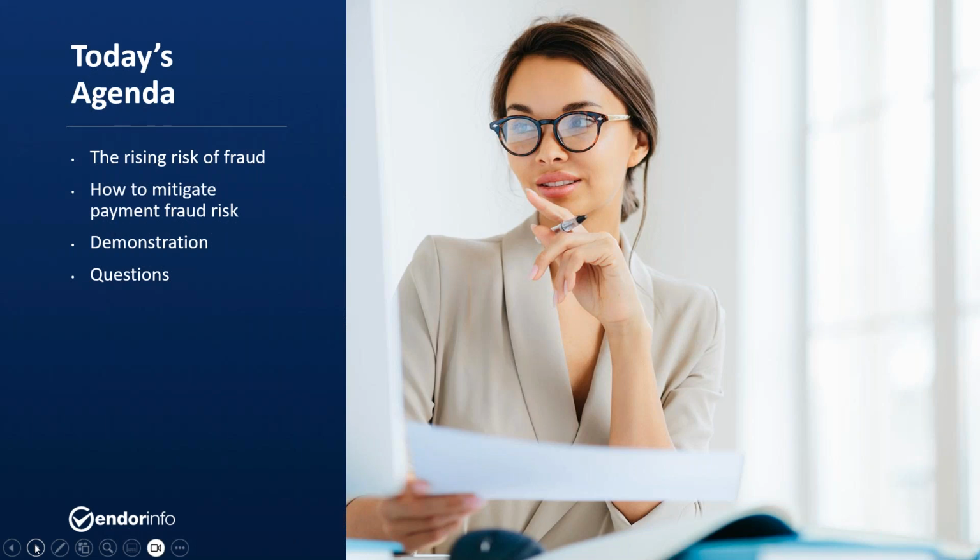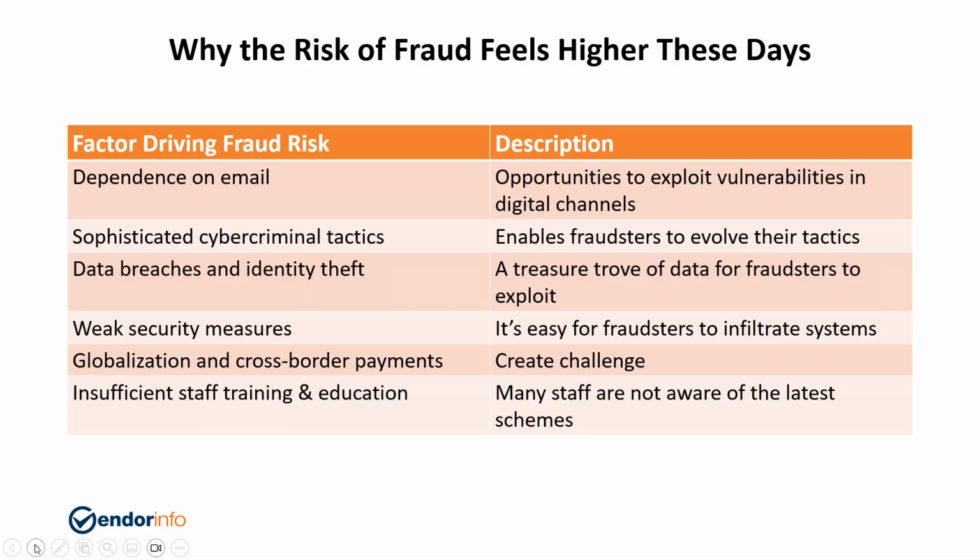But there are steps that organizations can take to mitigate their risks, and that's the focus of today's webinar. We're going to talk about this rising risk of fraud. We'll show you some strategies for mitigating your organization's risks, and we're going to provide you with a live demonstration of one solution that can help your organization automate the verification of bank account ownership change requests.